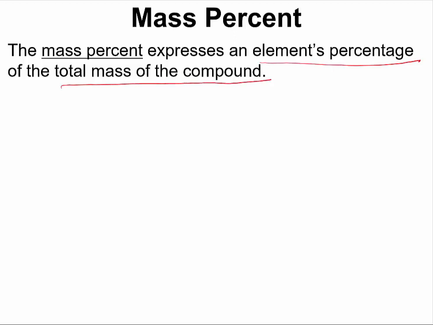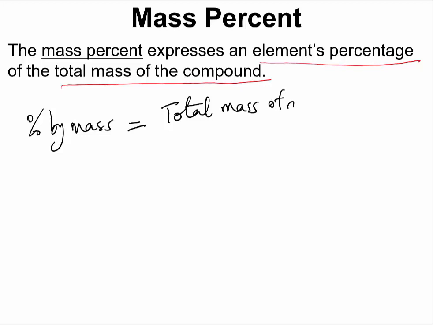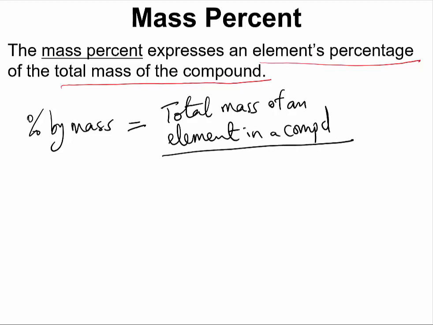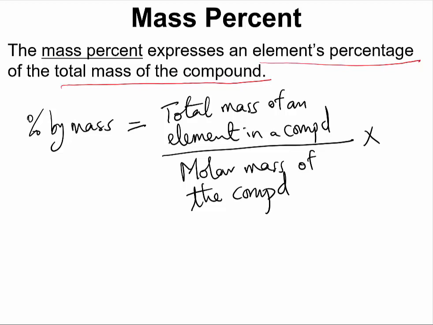The formula for finding percentage by mass is equal to the total mass of an element in a compound divided by the molar mass of the compound, multiplied by 100.